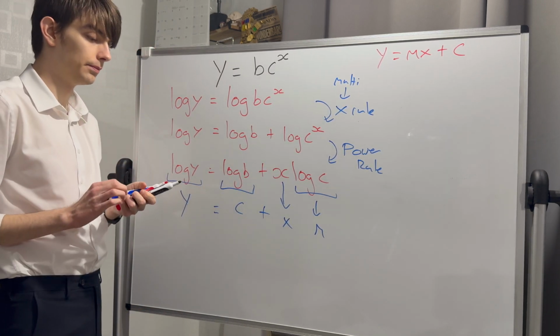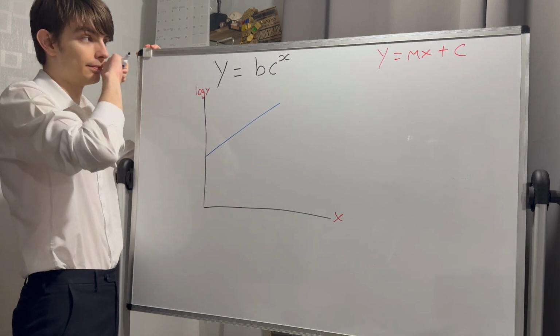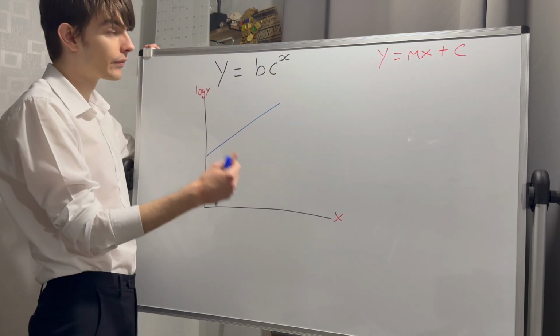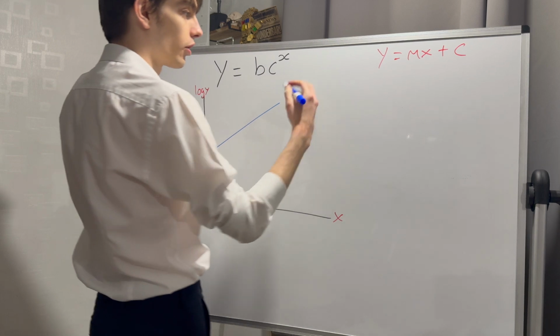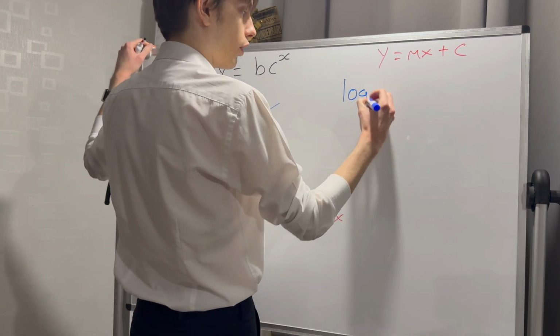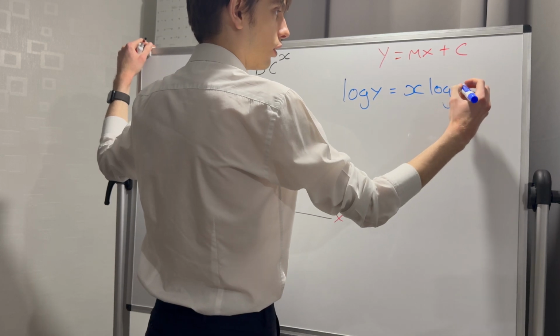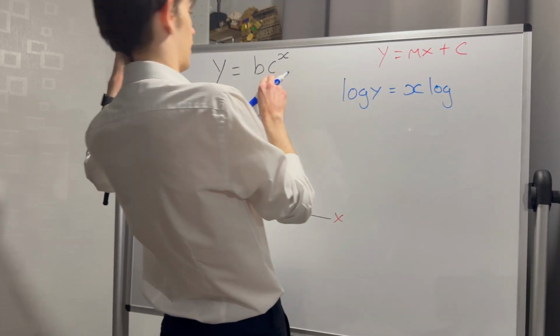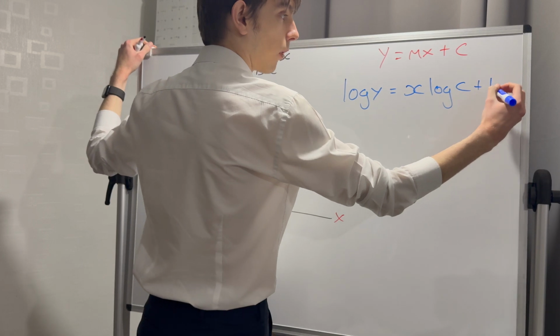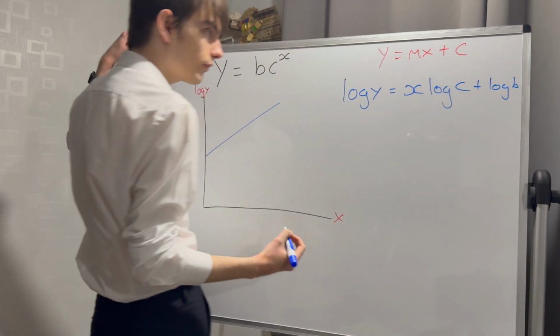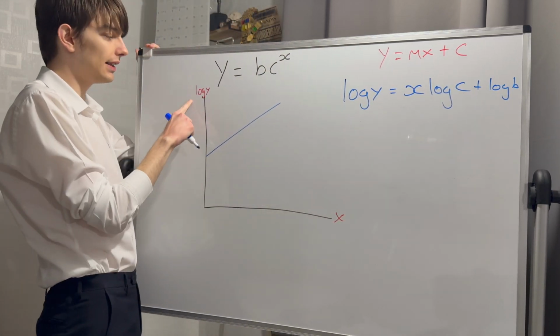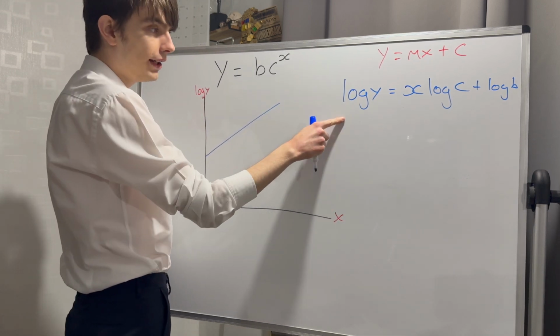Once again, if we turn this into a graph, well, we know from our equation, sorry I didn't write it out again, that log y equals x log c plus log b. So on my y-axis, I'm going to have log of y.